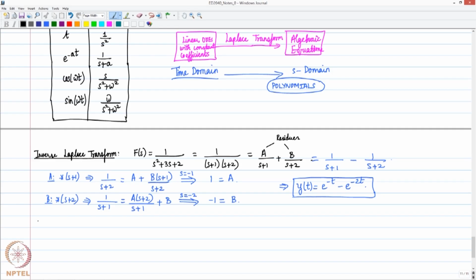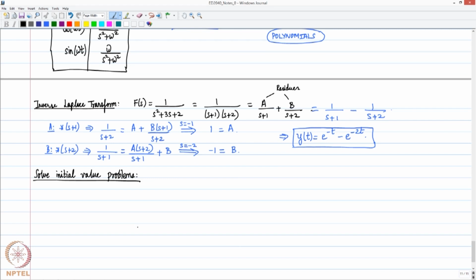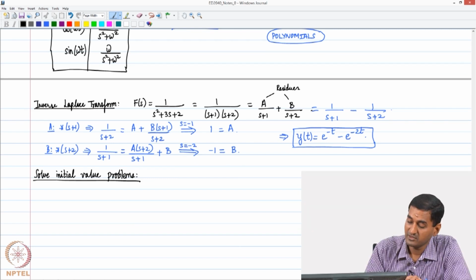And one important application of the Laplace transform for us is to solve initial value problems. That is essentially one important application from our course perspective, because we are going to deal with models that take the form of linear ordinary differential equations with constant coefficients.